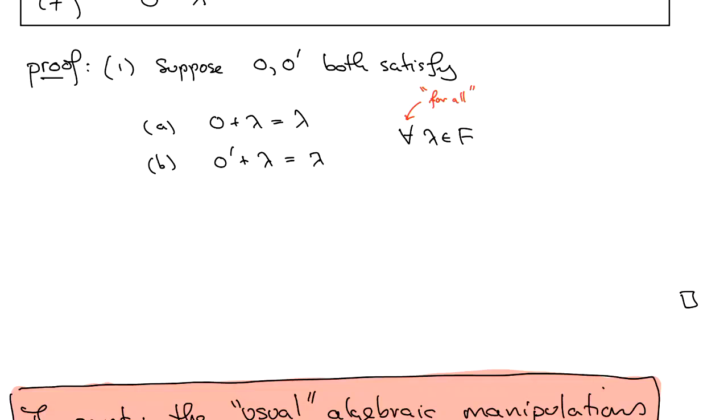The point of how you show something's unique is that you suppose there's 2 of them and show that they have to be the same.